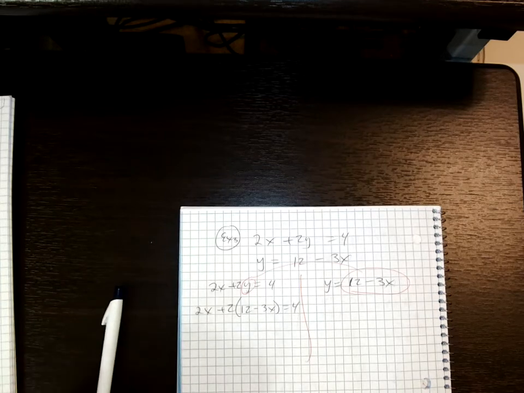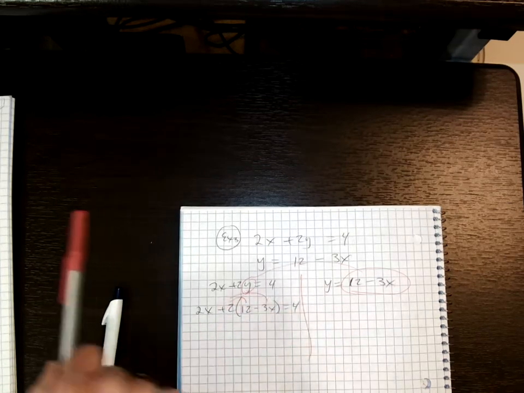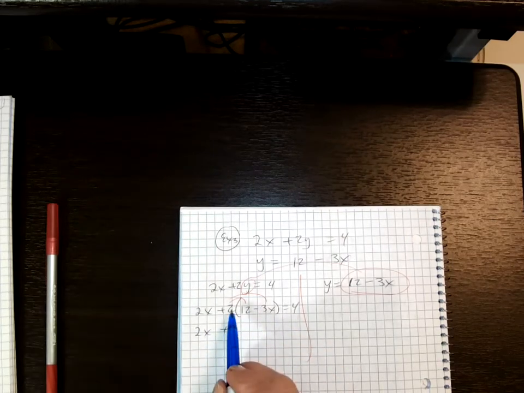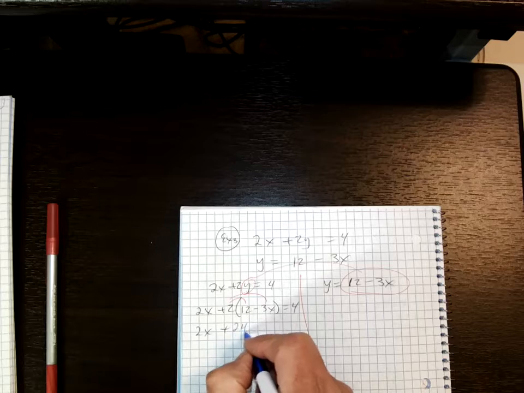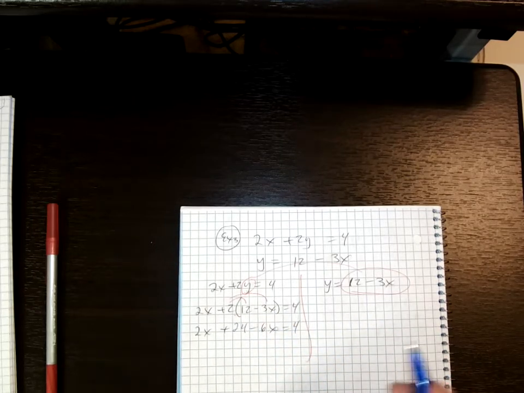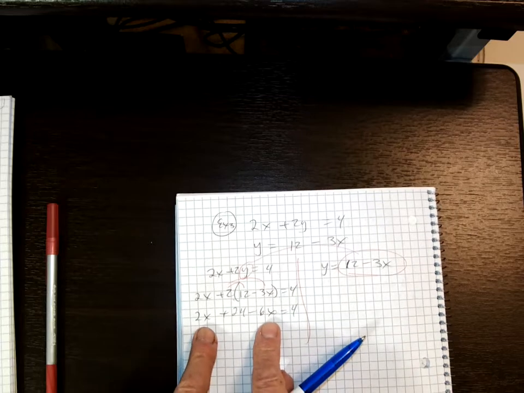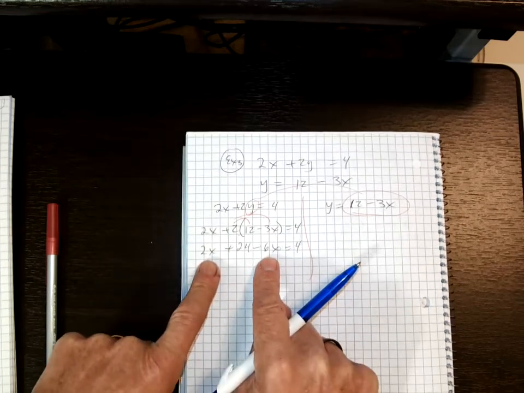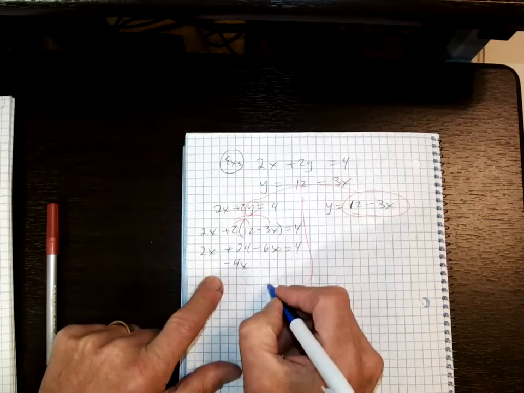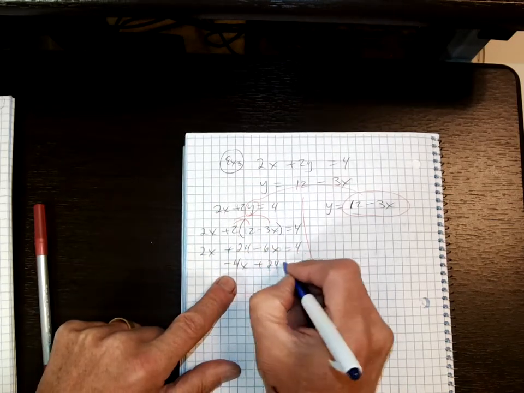Okay, so I'm going to distribute. I'm going to take the 2 and multiply it through, so I'll have 2x plus 24 minus 6x equals 4. I'll continue to solve. 2x minus 6x is going to make negative 4x plus 24 equals 4.